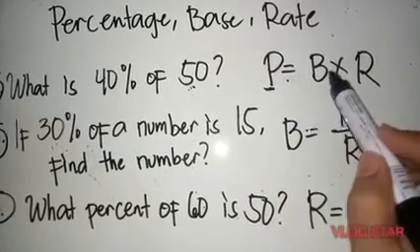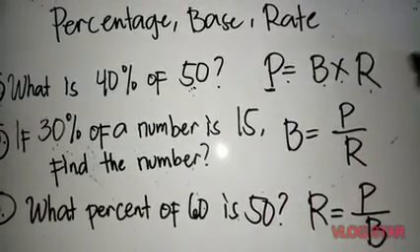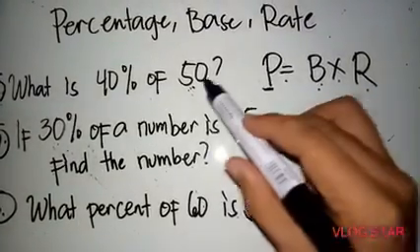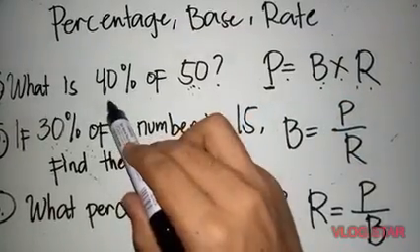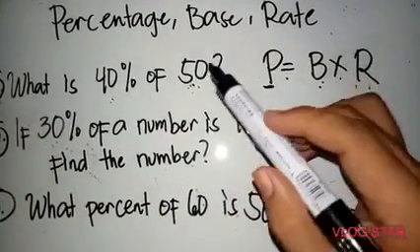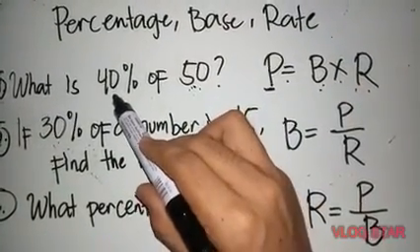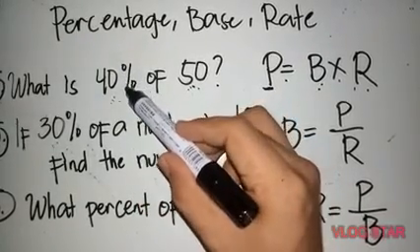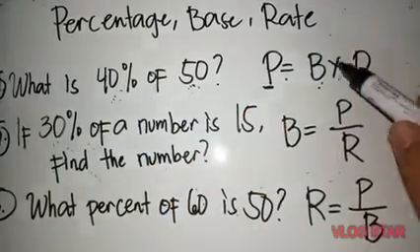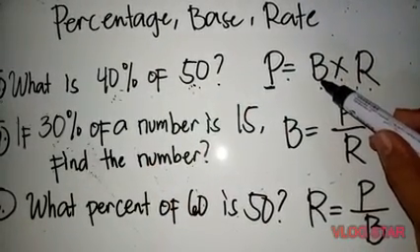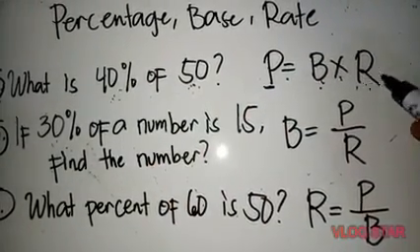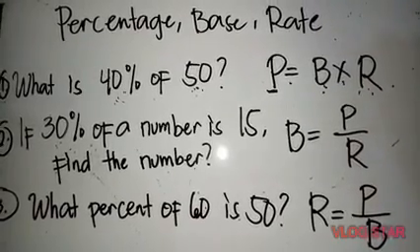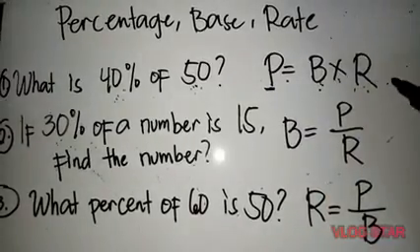Percentage is equal to base times rate. Note, the base is 50 and the rate is 40%. But you should write 40% in decimal form. So it must be written as 50 times 0.40. So that's how you solve it using this formula.